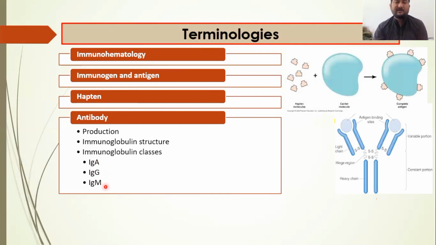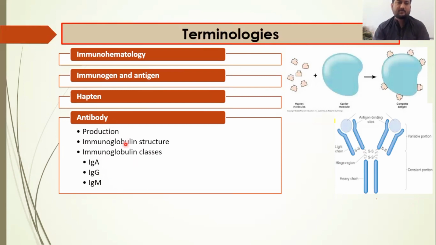This IgM antibody is involved in activating the complement, but IgG is not involved in activating the complement system. So this is also a difference between IgG and IgM. The plasma contains a significant amount of IgM. So this is the antibody.